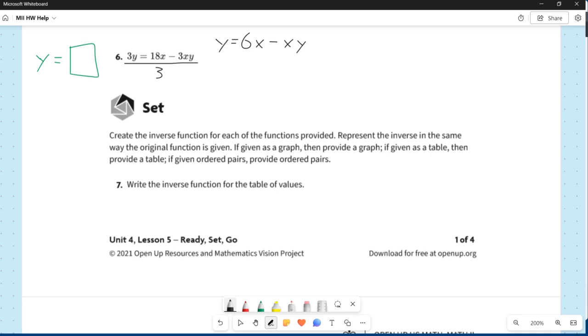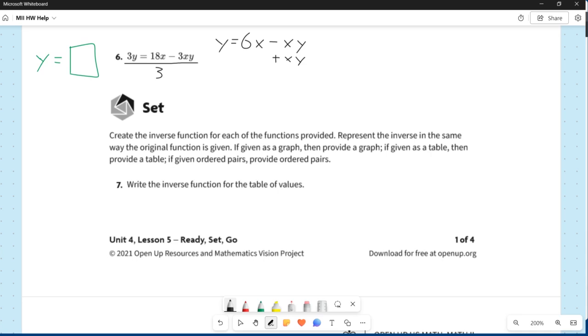So now we have to deal with the fact that we've got these quote unquote two different y's. They're not different, but we have to get them down to one y. If you're not sure what to do here, just recognize that because we want y to be on the left, you might think, well, we have to bring this xy over to the left, right?